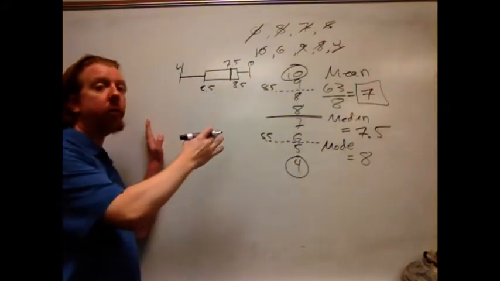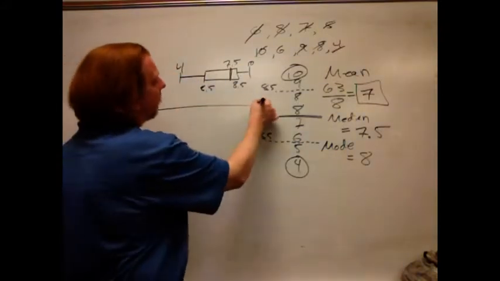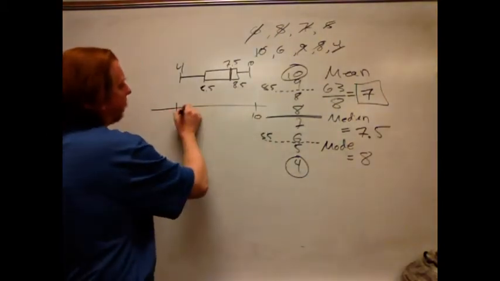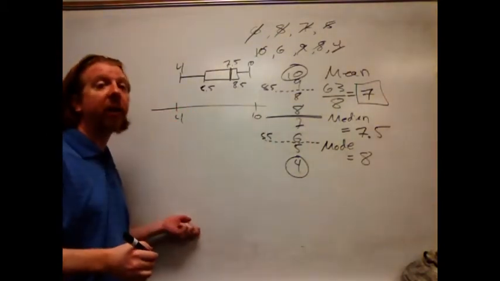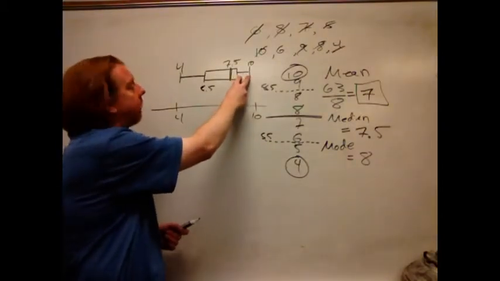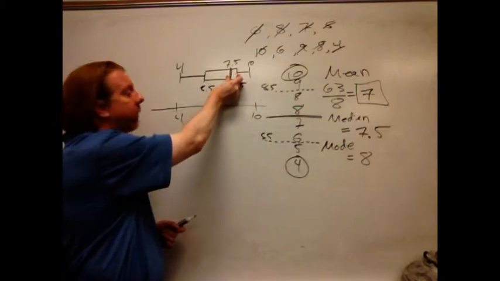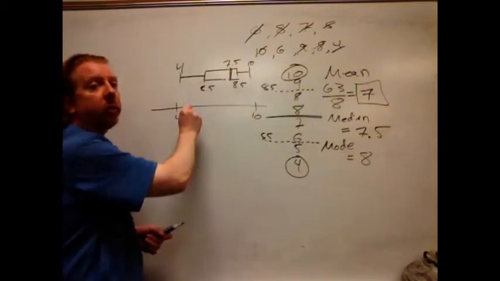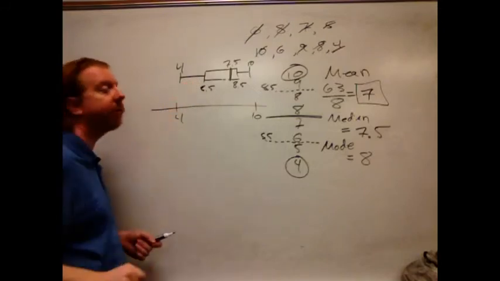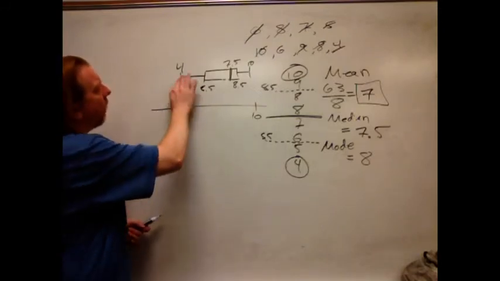Now again, I drew this to show that if I were to mark this off on a number line, 4, and 10. That will be the general even spacing. So I can see this here represents 1.5 units. This represents 1 unit. This represents 2 units. And this would represent, looks like, 1.5 units. Perhaps it's a little longer than it needs to be.